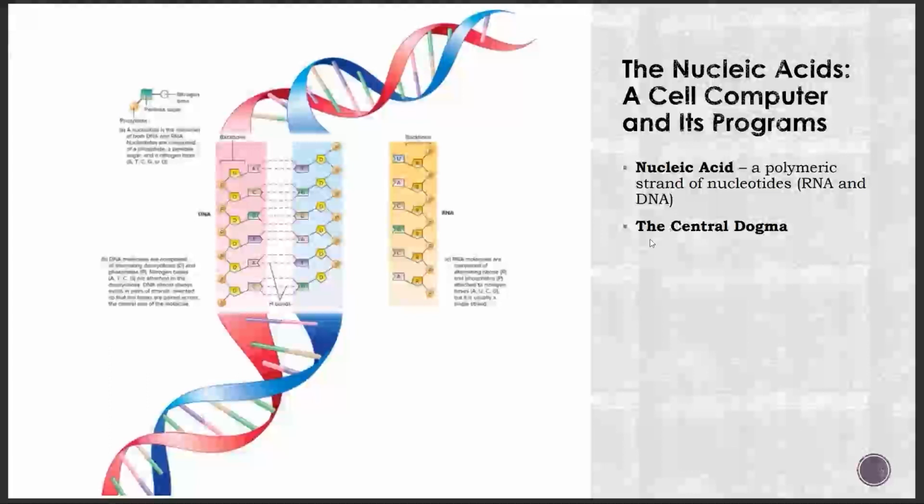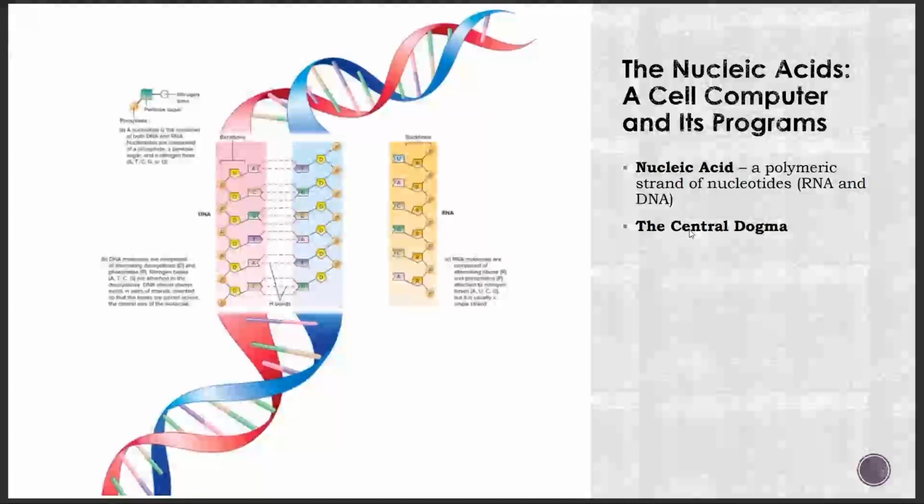This leads us to the idea of the central dogma, which was mentioned in our previous lecture, but to reiterate, the central dogma is the flow of information in the cell. We go from DNA to RNA to protein. DNA is our long-term storage, that double-stranded molecule that is for keeps.